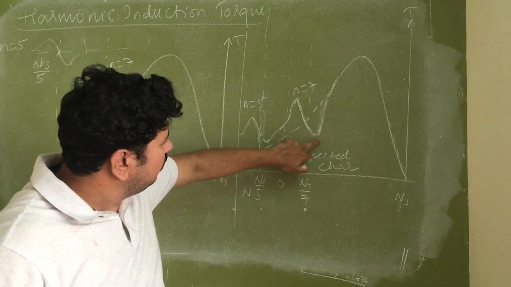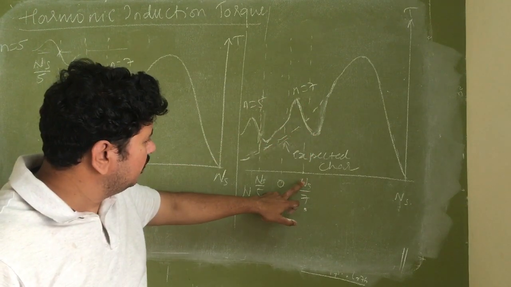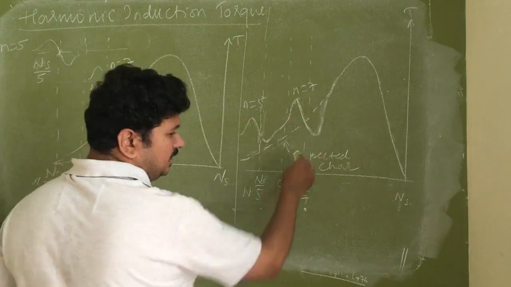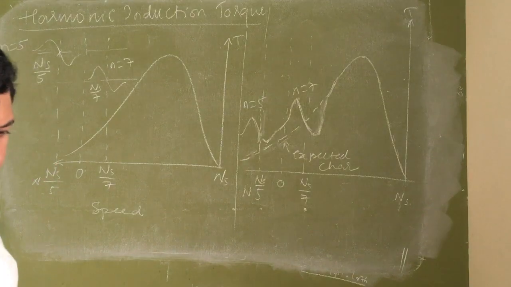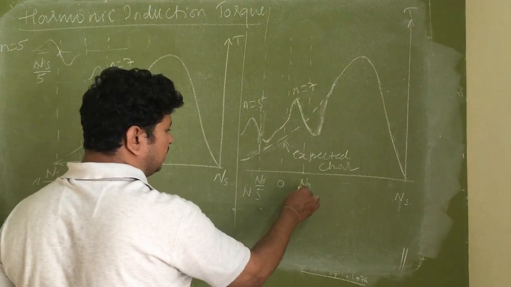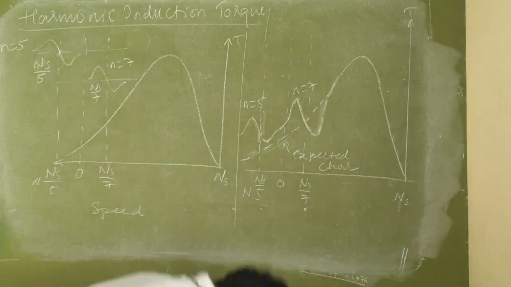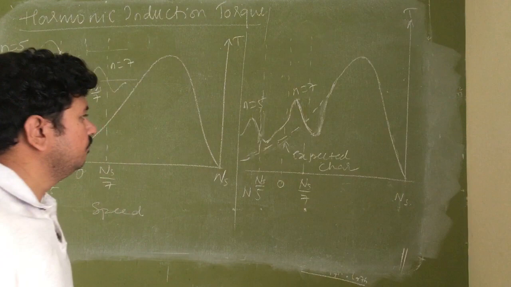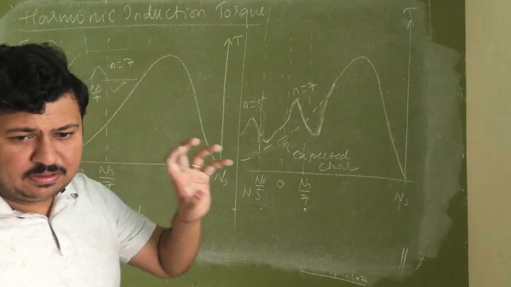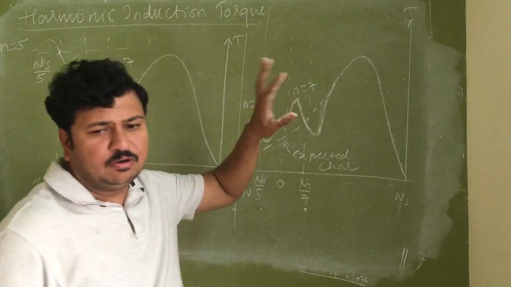And this dip will occur slightly before 1/7 of synchronous speed, at Ns by 7. So here the torque produced by the motor is much less than the expected torque of the load.